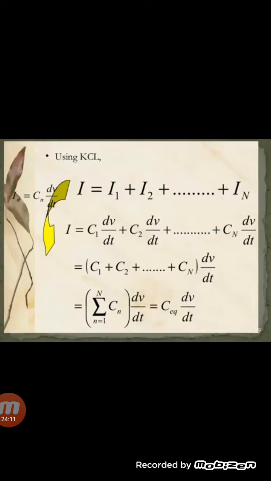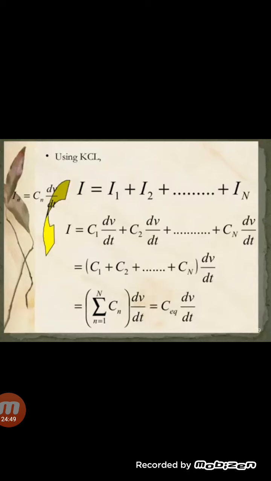In is equal to Cn dV over dt, and I is equal to I1 plus I2 plus up to so on In, and I is equal to C1 dv over dt plus C2 dv over dt plus C3 dv over dt plus up to so on Cn dv over dt.